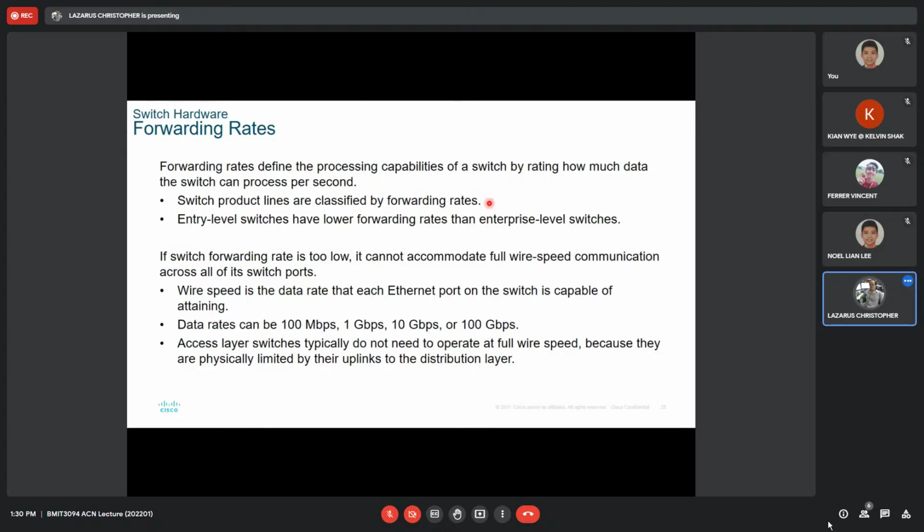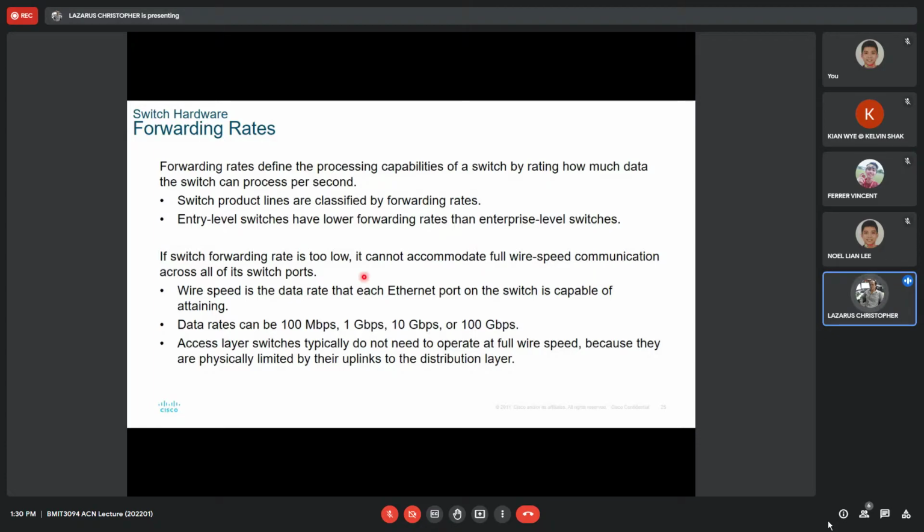So how fast the switch does this will affect which model it is, and how much the price is. Okay, so that means cheaper entry level switches usually have lower forwarding rates in terms of performance compared to the more expensive switches, right? So if the switch forwarding rate is too low, it cannot accommodate full wire speed communication across all of its switch ports.